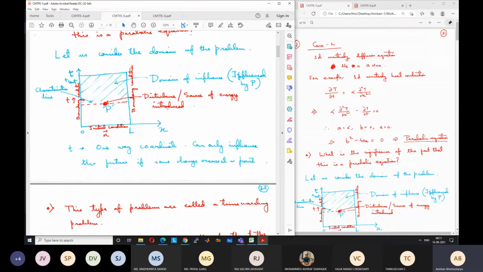But for parabolic problems, okay, if I divide the domain into a certain number of points here, the value at this point can only be influenced by the points before this point.